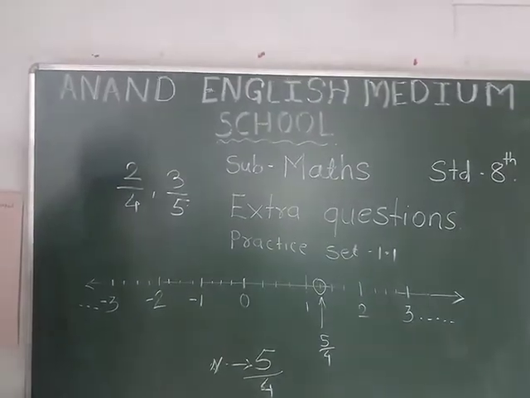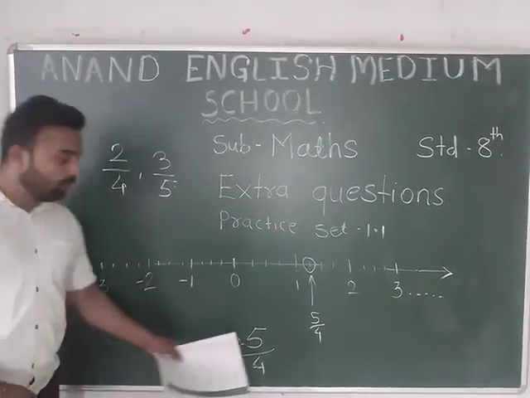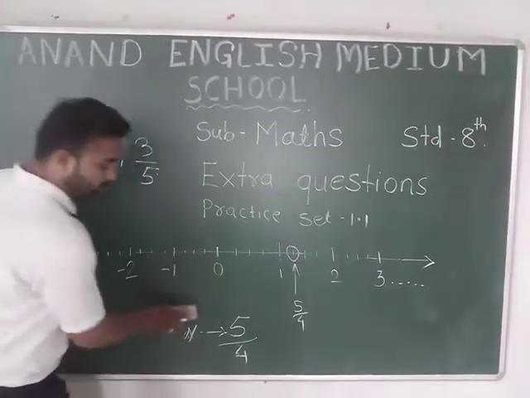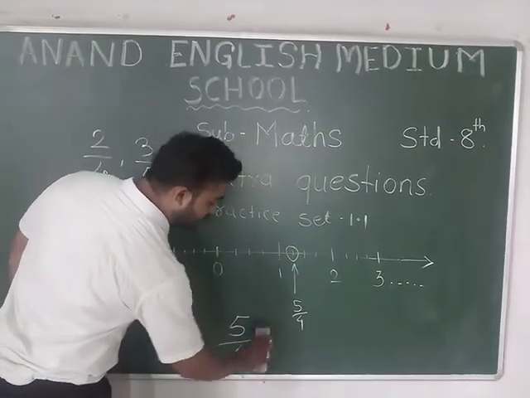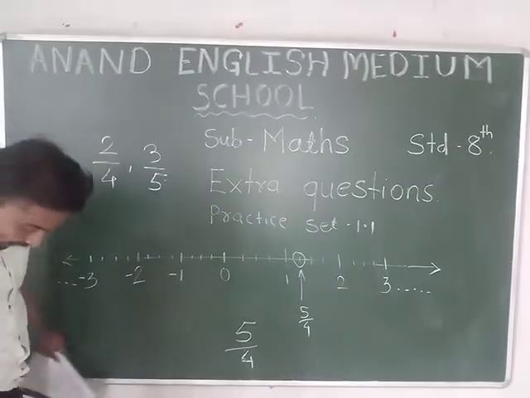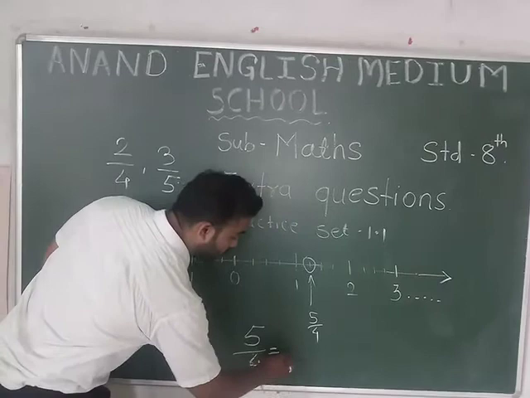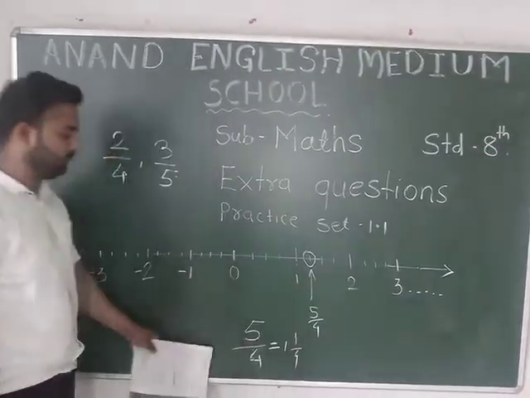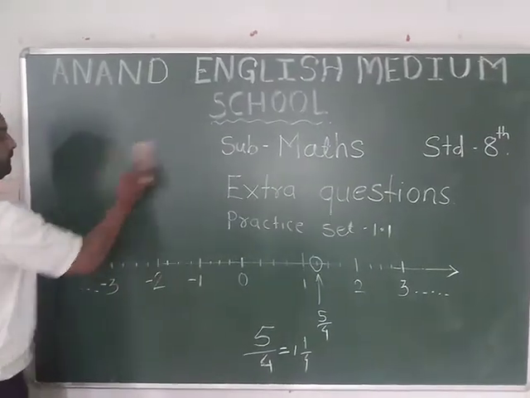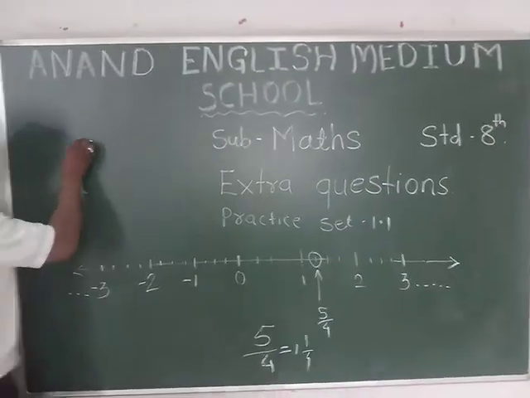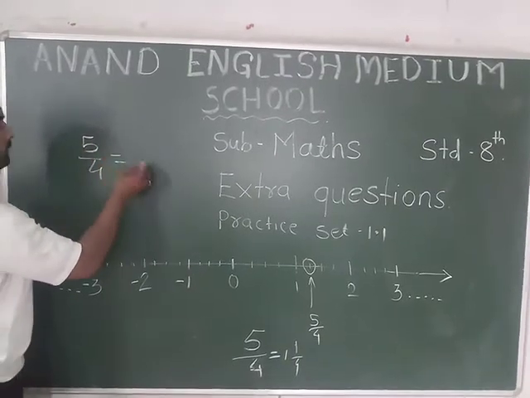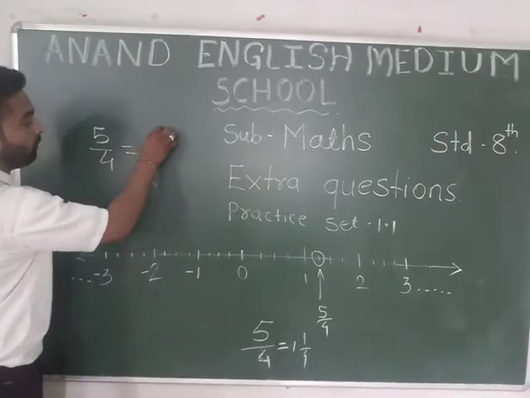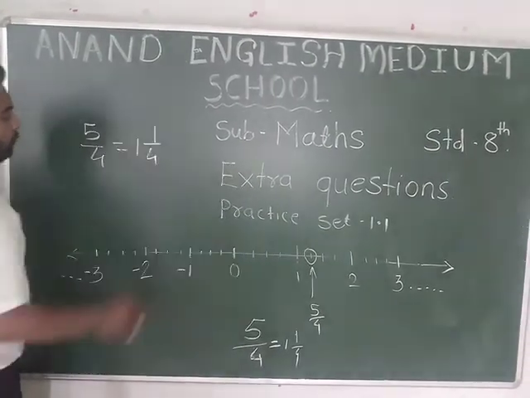Have you understood? Now this number we can also say in another way, as 1 integer 1 upon 4. Here 5 upon 4 is expressed in the form of 1 integer 1 upon 4.